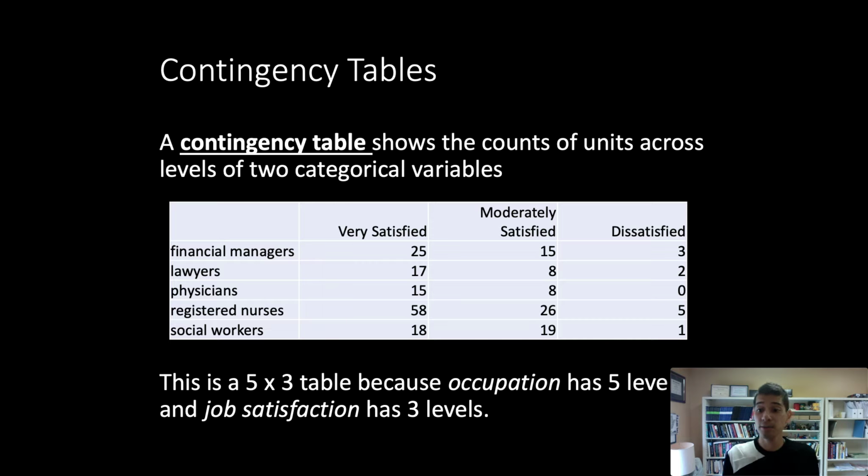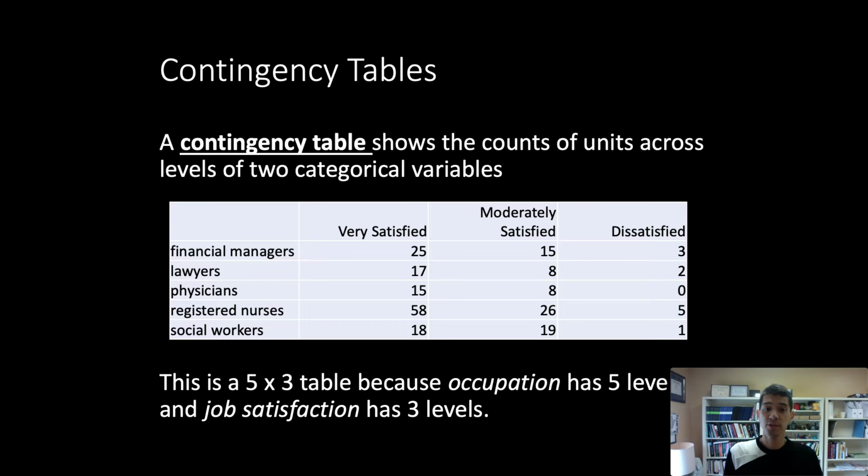So 5 by 3 refers to how many levels the first variable has by how many levels the second variable has. And if we're just looking at the table, that number 25 in the upper left column and row, that's telling us that there were 25 people in the survey who were financial managers, and they said that they were very satisfied with their jobs.